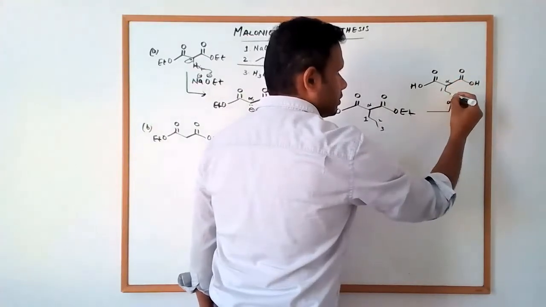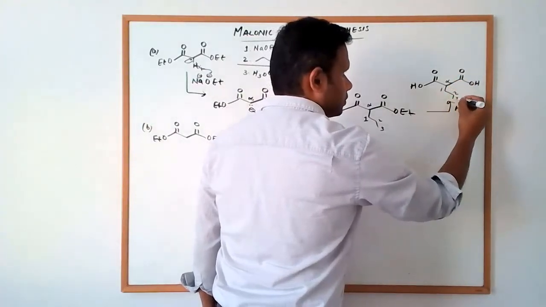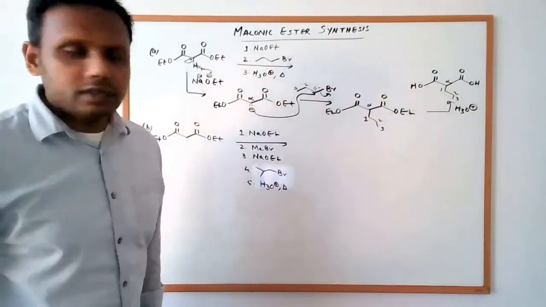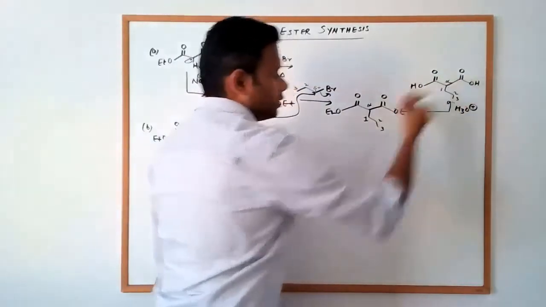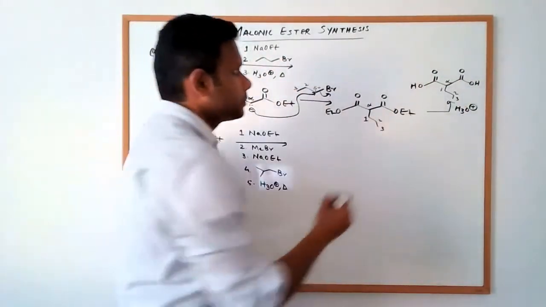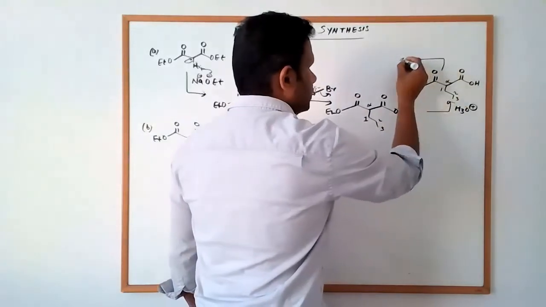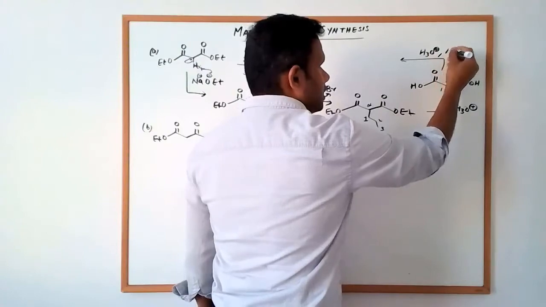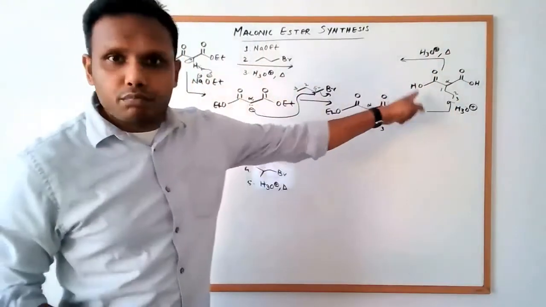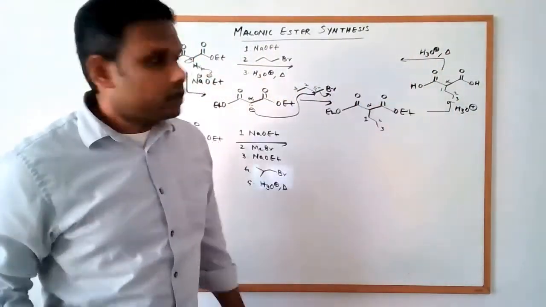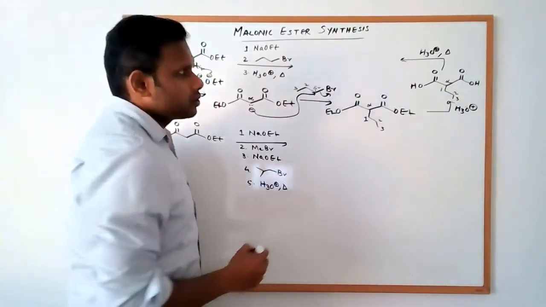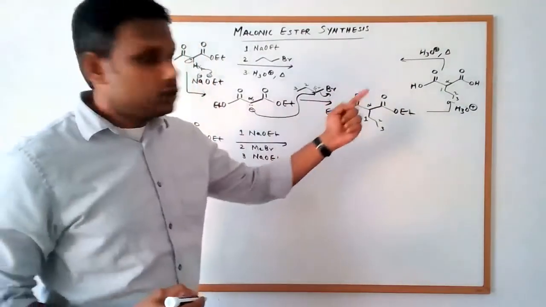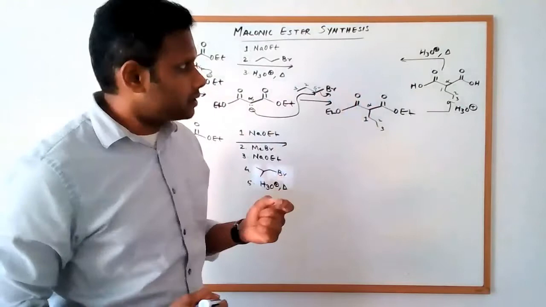That's the alpha carbon. 1, 2, and 3 carbons. So that's the malonic acid. And as we saw earlier, under the reaction conditions, when we are heating this beta-keto acid under acidic conditions, it's going to get converted into the alkyl acetic acid.